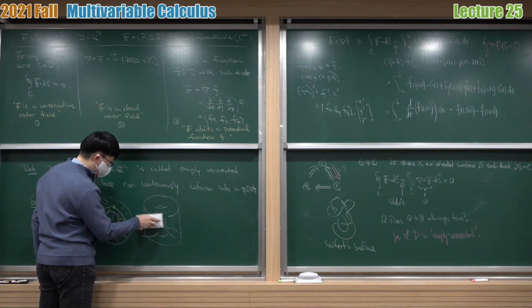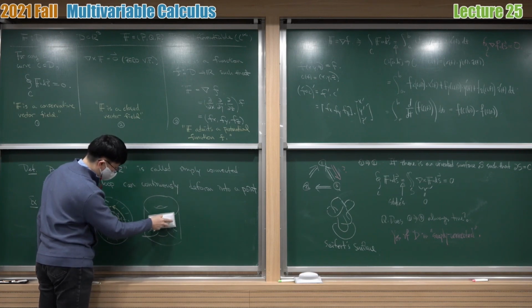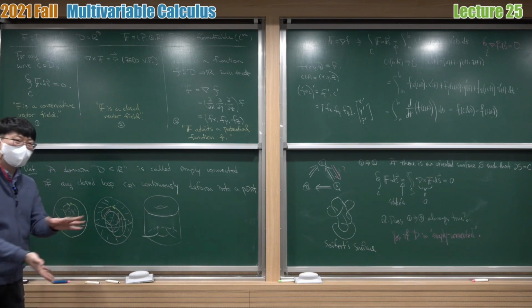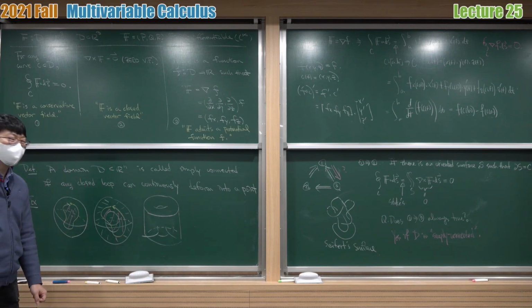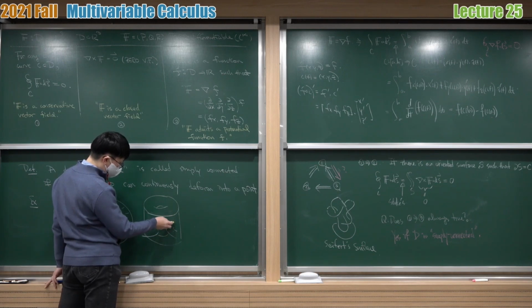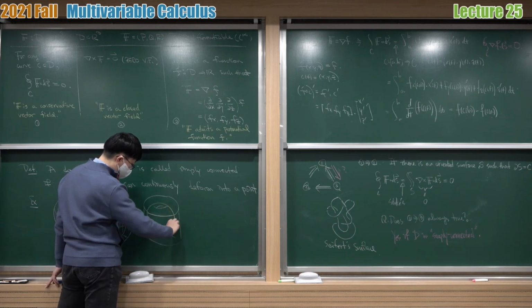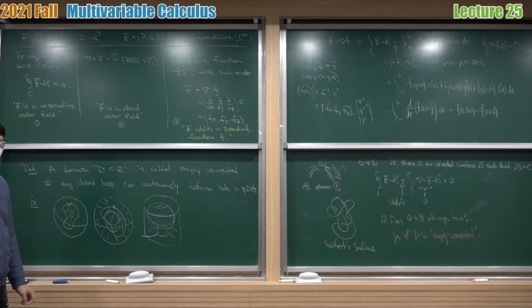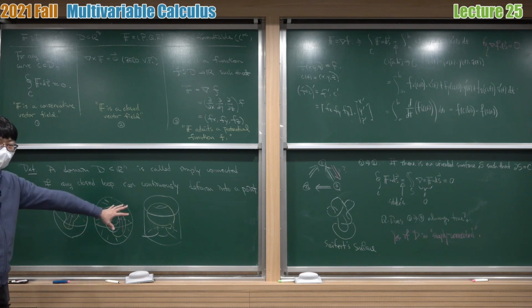You see what I'm drawing here? It's a pineapple, basically a pineapple shape. And then think about the loop along the axis of the pineapple. Then you cannot shrink it.